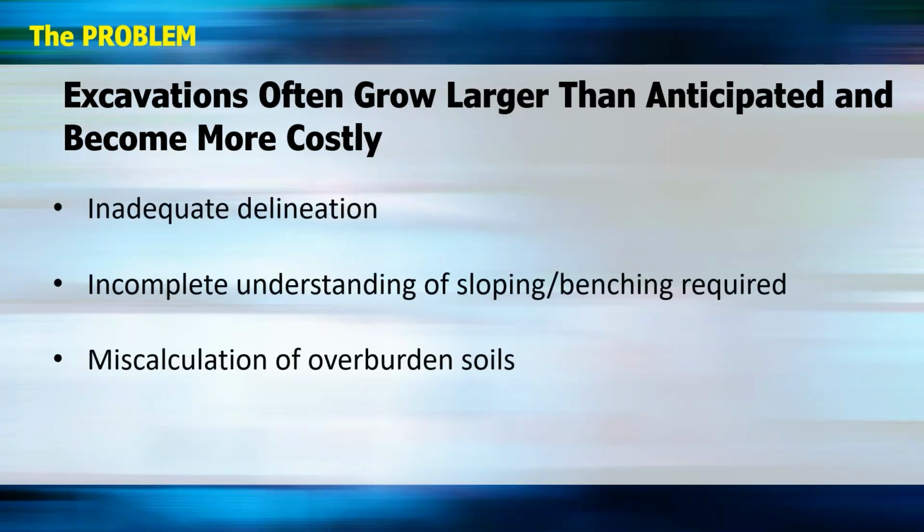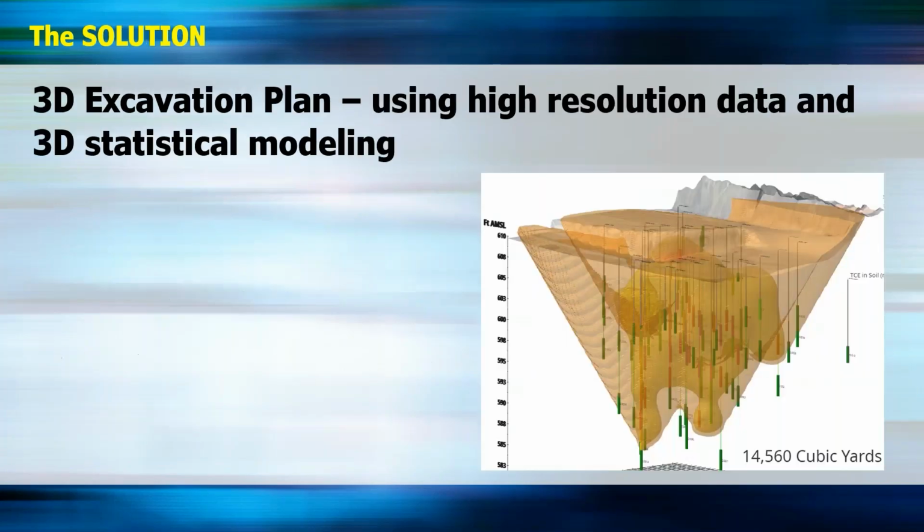Basically, you have inadequate delineation at first, which means you have an incomplete understanding of the sloping or benching that might be required, which leads to a big miscalculation of how much overburden soil you're going to remove. And it's countless times when an excavation is planned and the final numbers come in about how much soil has been removed, a lot of times clients are unhappy because almost every time the excavation is larger than anticipated.